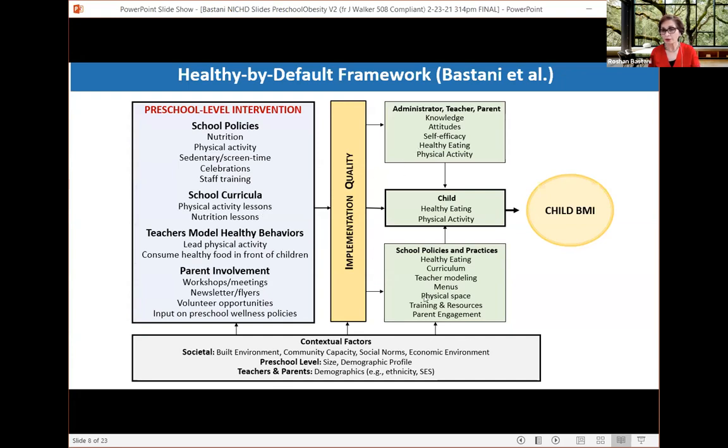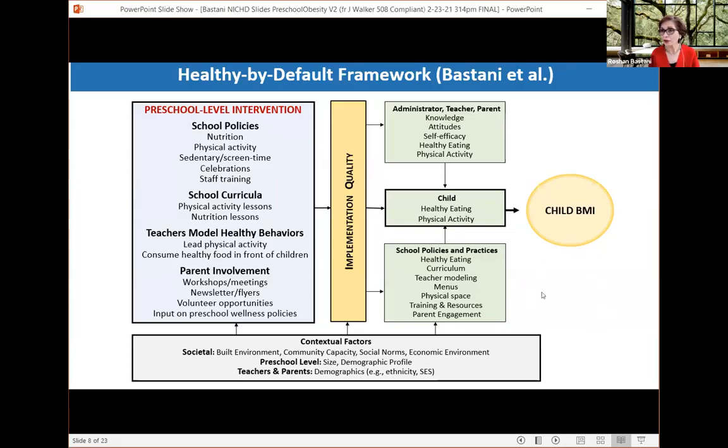We also expect the school environment to have changed in terms of policies they have regarding healthy eating, curriculum, menus, physical space, etc. And then both these should result in changes in the child in the middle, healthy eating and physical activity, which then should lead to positive outcomes in child BMI.